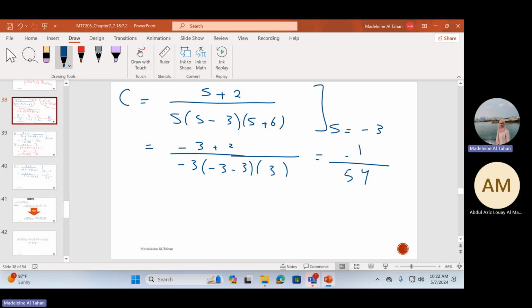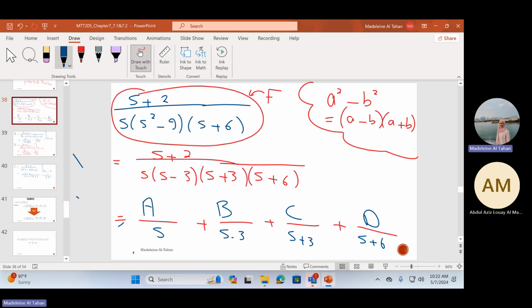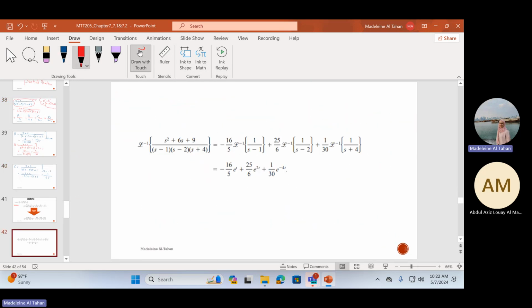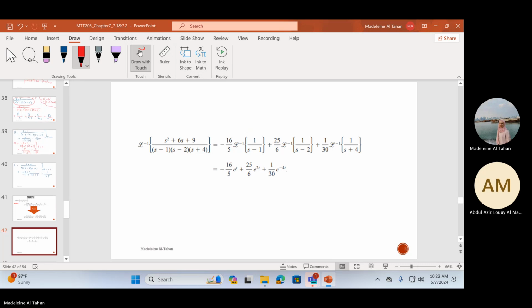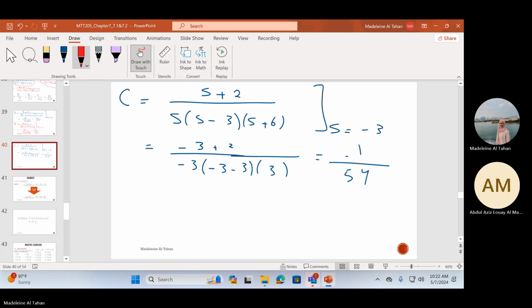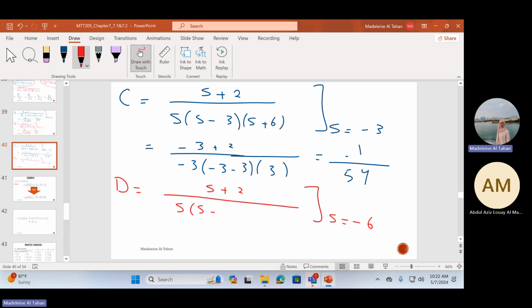Finally, the D, what should we cover for D? s plus 6. So for D, cover s plus 6, it means that we evaluate it at s equals negative 6. Negative 6 plus 2 over s minus 3, s plus 3.